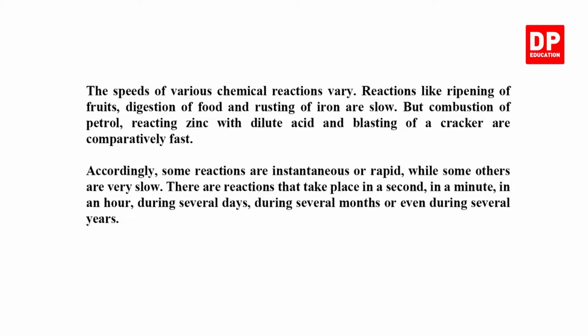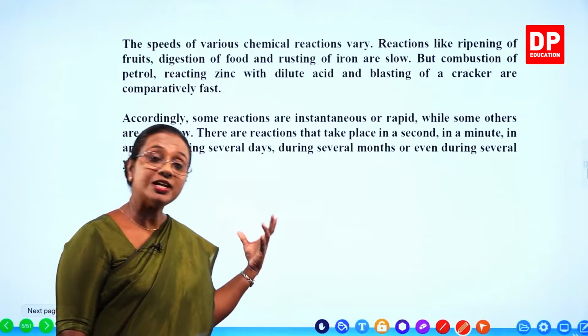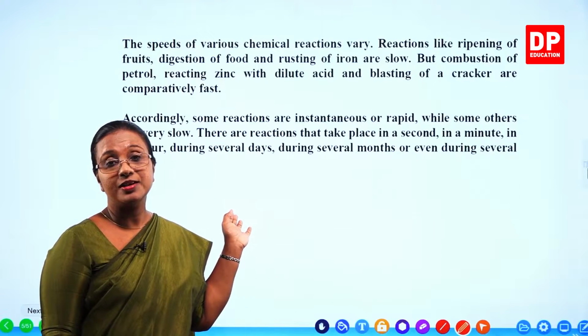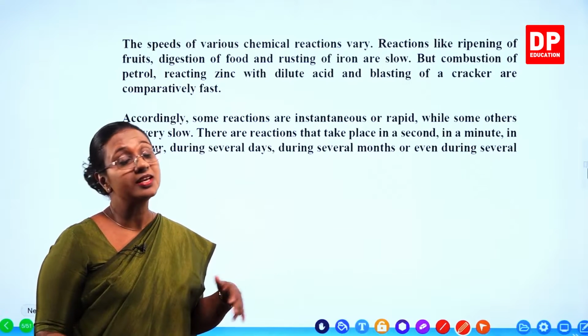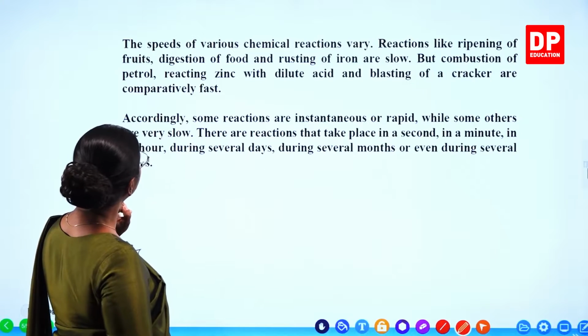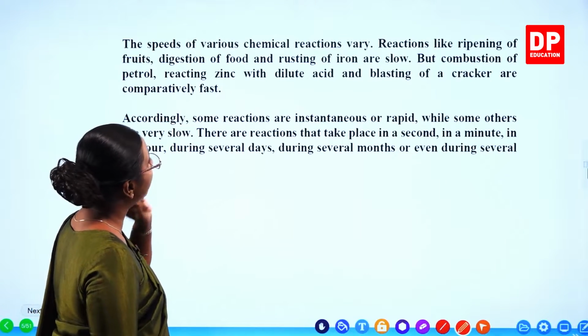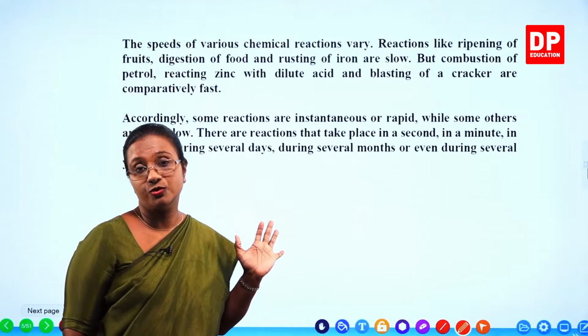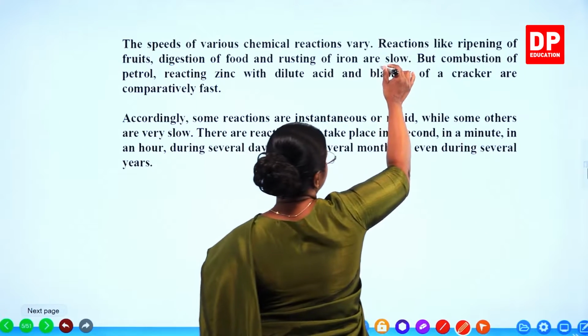So here you can see the speeds of various chemical reactions vary. That's obvious, no? We saw in the previous slide so many different reactions. The speeds are different. Reactions like ripening of fruits, digestion of food and rusting of iron are slow. So there we use the term slow.